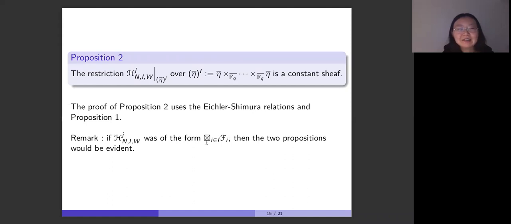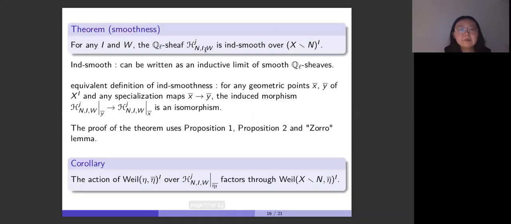So these two propositions say that even if it may not be of this form, it still has some property that the product of the sheaves has. For example, it is constant over this kind of integral scheme. And we use this to prove the theorem.